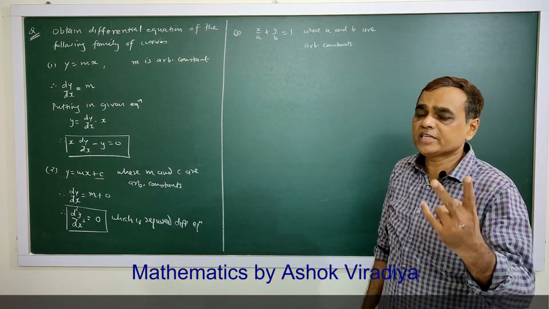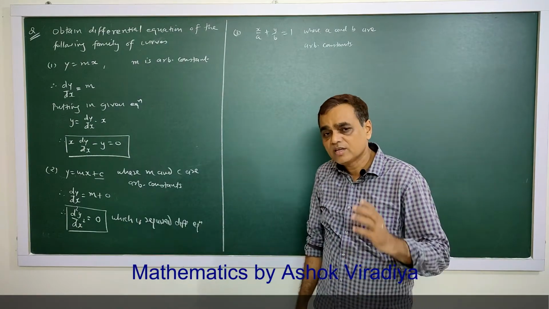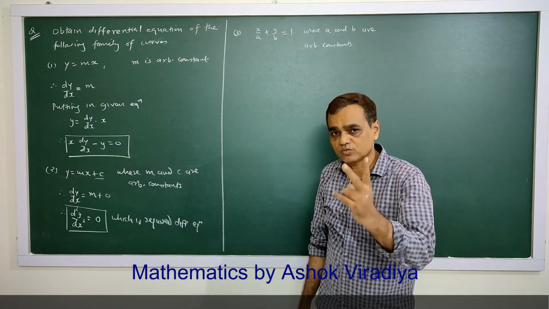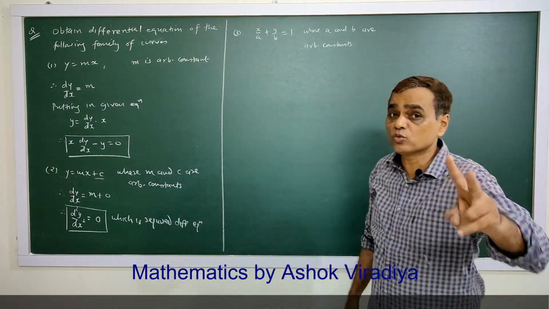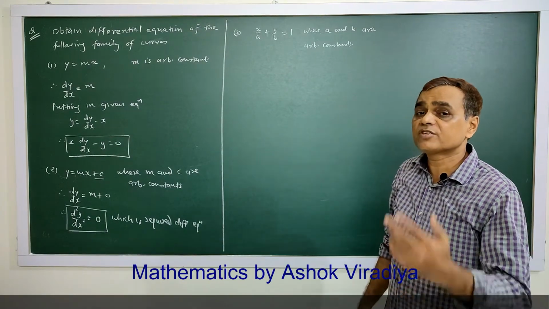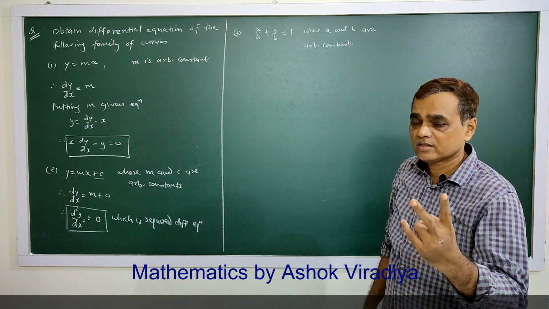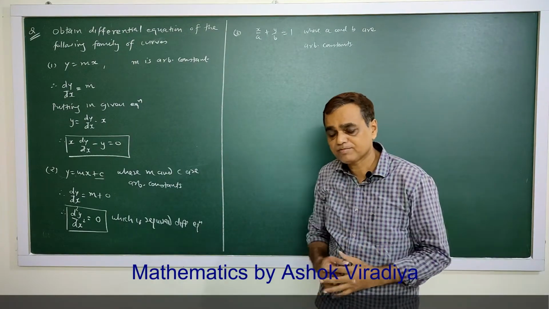So with 2 arbitrary constants, its differential equation will have order 2. So whatever its differential equation will be, its order will be 2. So here, to get a differential equation, we have to differentiate 2 times, up to the second order. That is the first step.